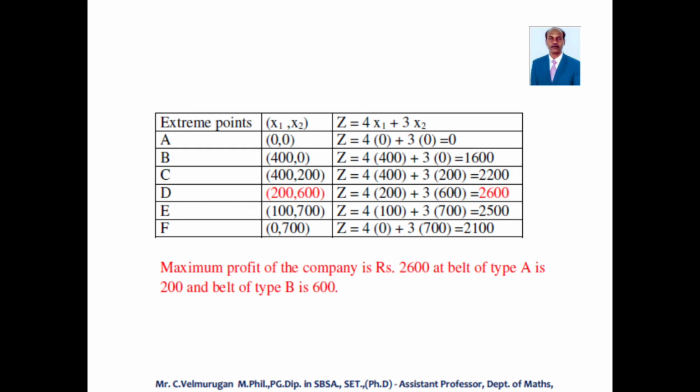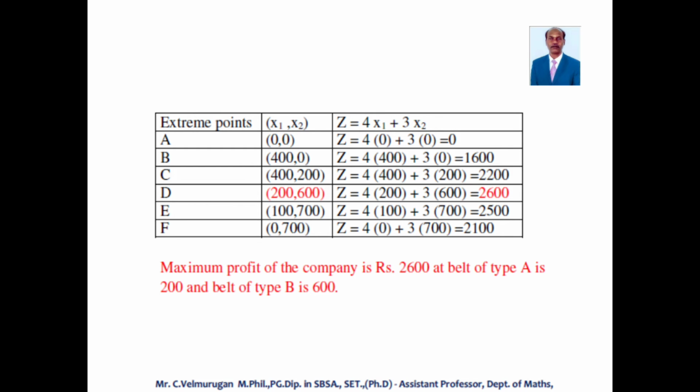Point C, x1 is 400, x2 is 200. What is z? 4 into 400 plus 3 into 200. Totally we get 2200. Similarly, using point D, we get z equal to 2600. Using point E, we get z equal to 2500. Using point F, we get the z value as 2100.